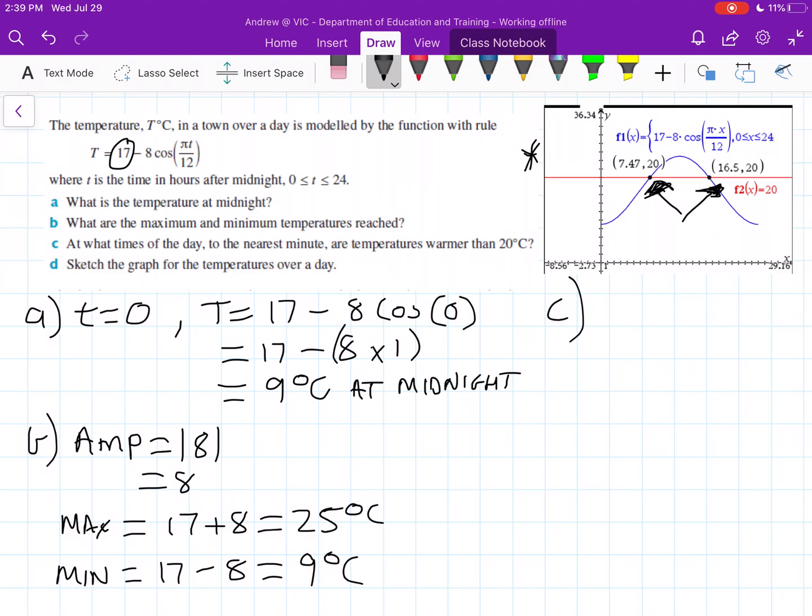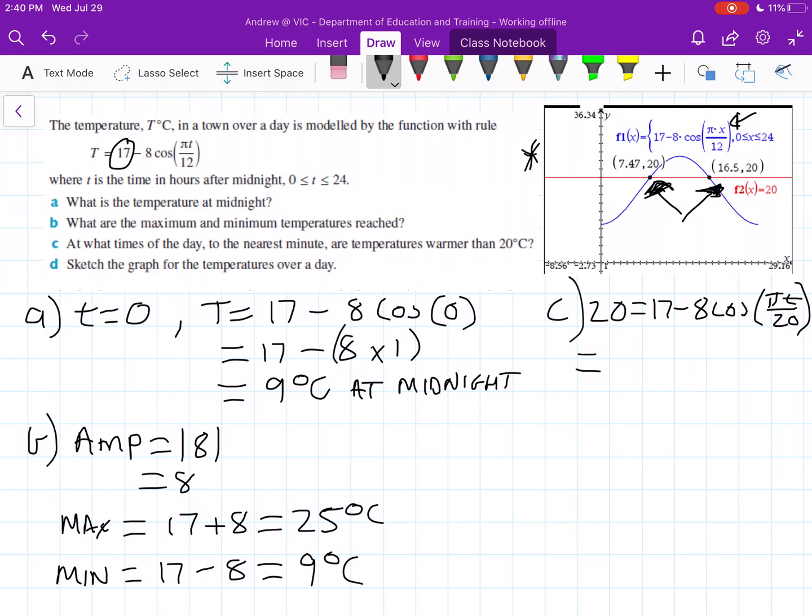You can also use the solve function on your CAS, so you could solve 20 equals 17 minus 8 cosine pi t on 12. Just be aware on CAS that you need to have it in x when you're graphing. So you could solve for that, and it could work out both times as long as you set your domain.